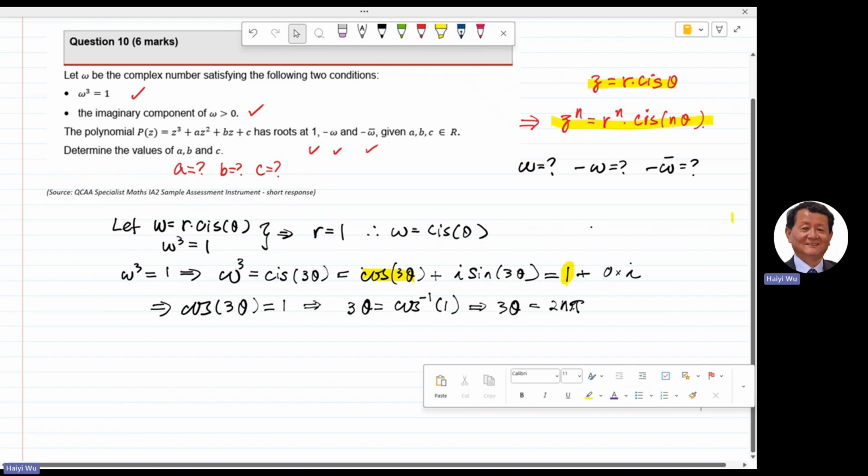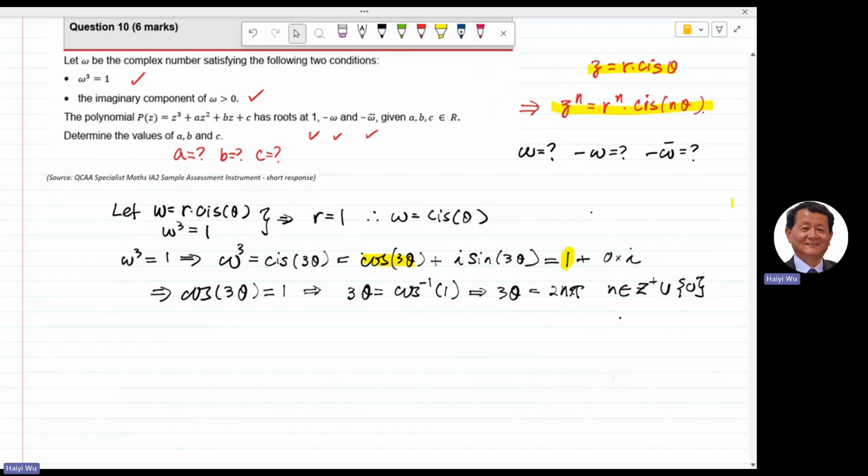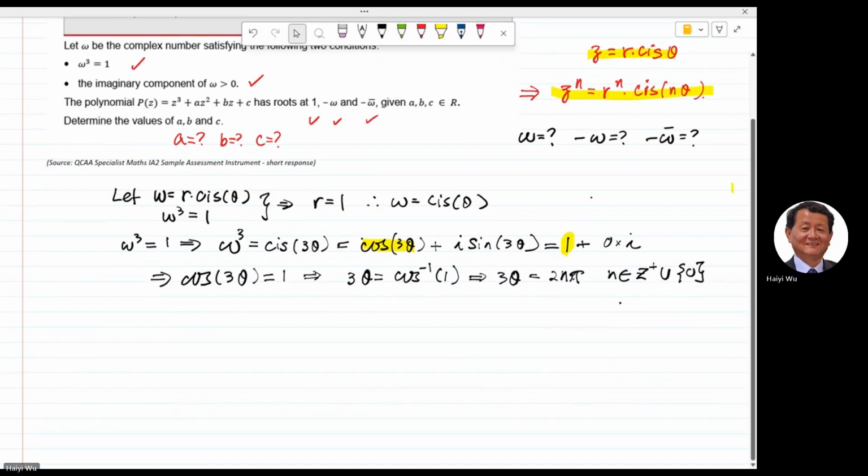Because n is an integer, including 0, it could be equal to 0. Therefore, theta will be 2n pi divided by 3. I'm going to use a positive integer for this case, including 0.